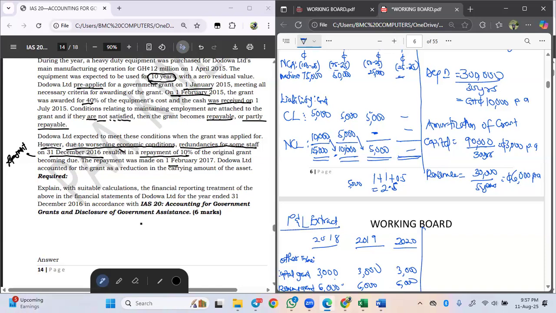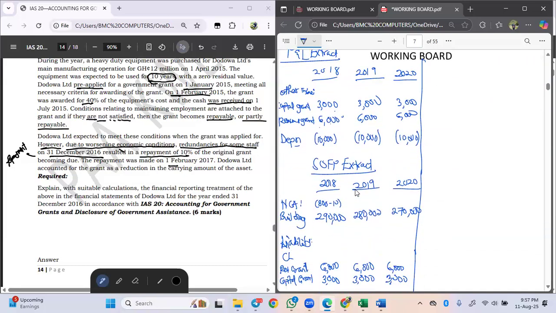Assets have 9, liabilities have 5, and performance, like IAS 8, EPS, IAS 10 and all that, have 8, making 22.